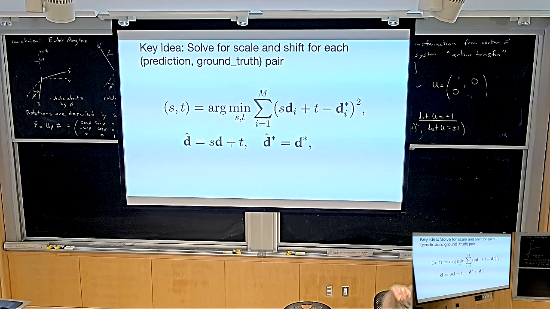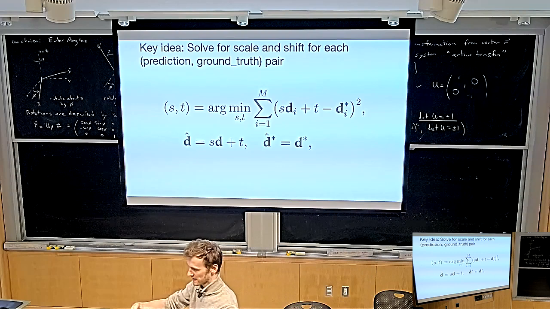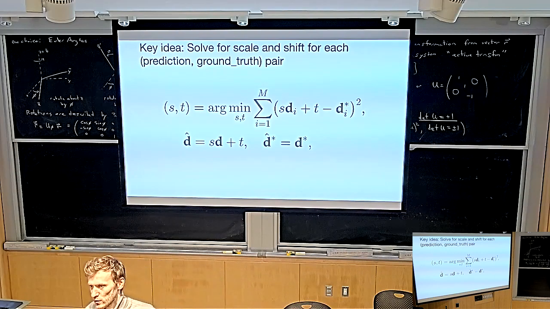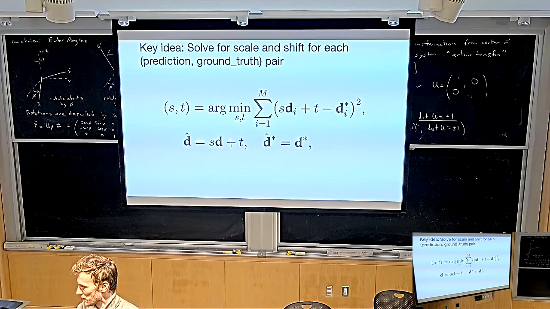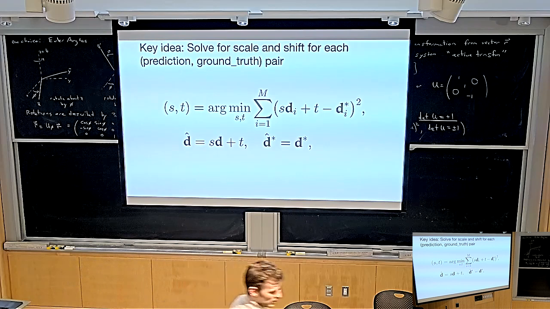All you want is that the neural network will get gradients. In a way you can think about it as outputting relative depth. It's outputting disparity values at different pixels such that if you rescale and shift them by some unknown scale and shift, then they will be correct. So in other words, the neural network is just saying, I'm giving you a depth map such that I guarantee there exists a scale and a shift, such that if you scale and shift this disparity map that I predicted, you will get the correct metric depth, for instance.